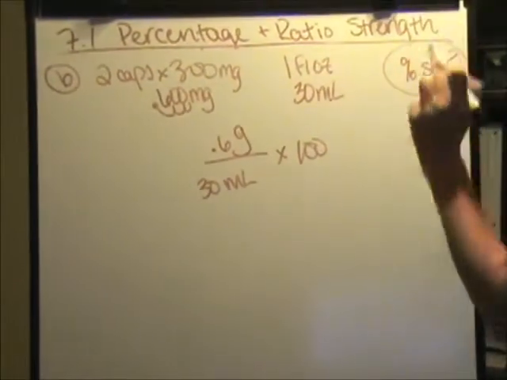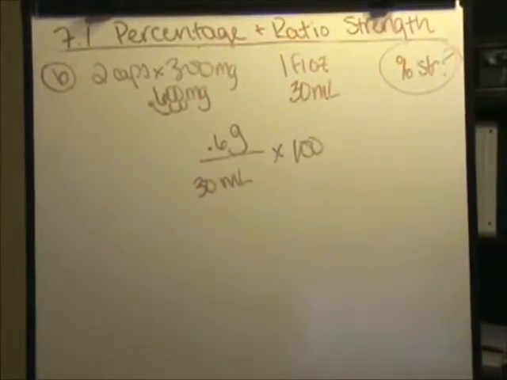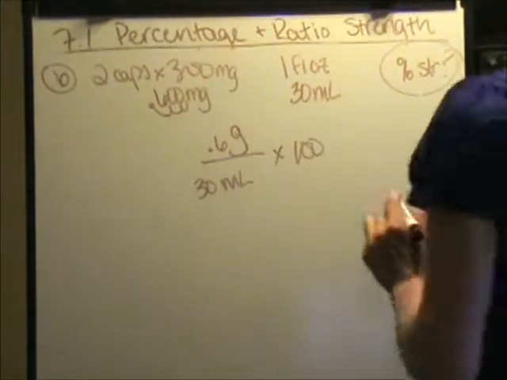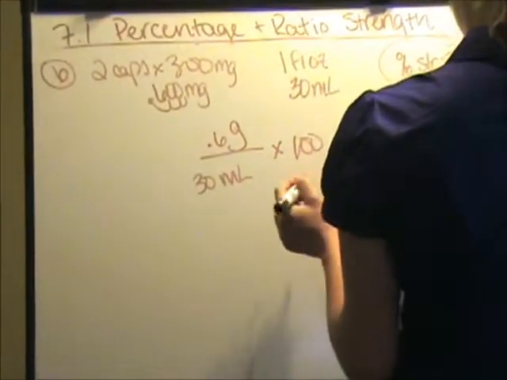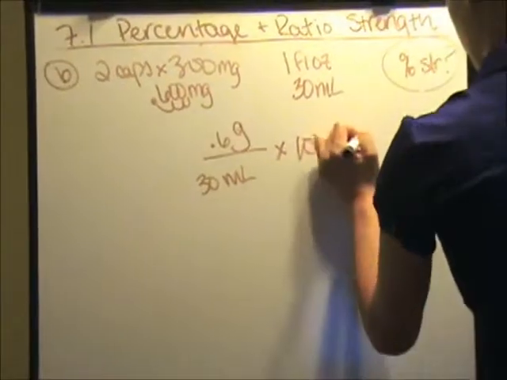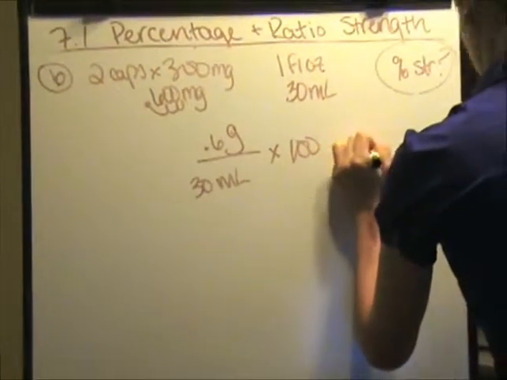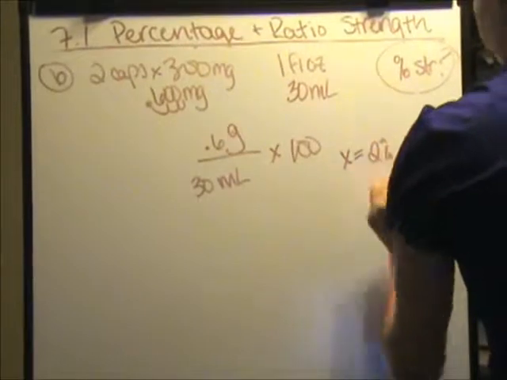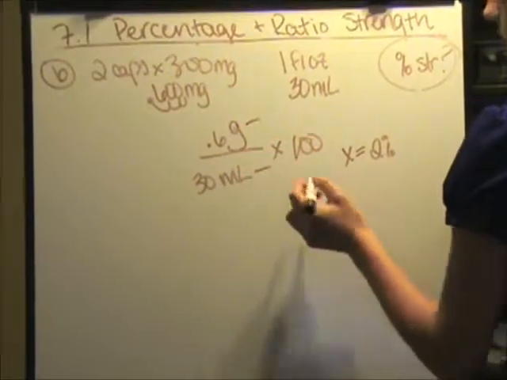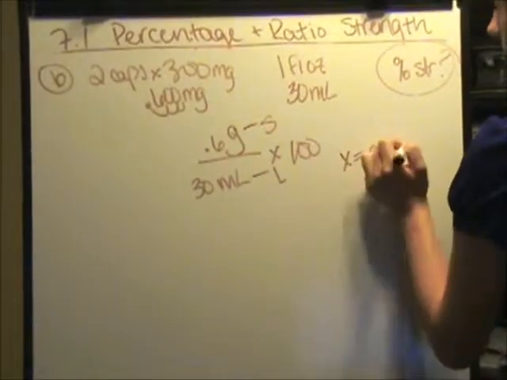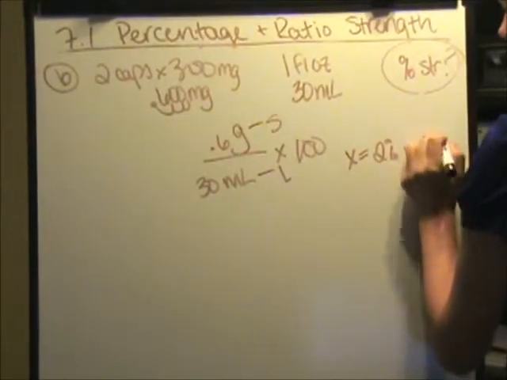We're looking at that second formula for percentage of strength. So if we take 0.6 divided by 30 times 100, it is going to come out to 2%, and that's going to be represented as weight and volume, because we have a solid and a liquid, and that's W/V.